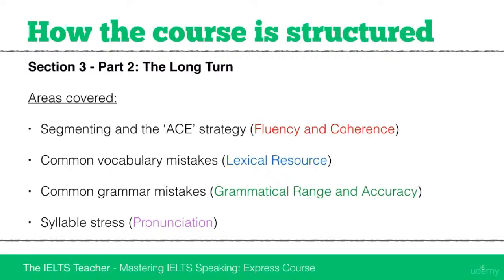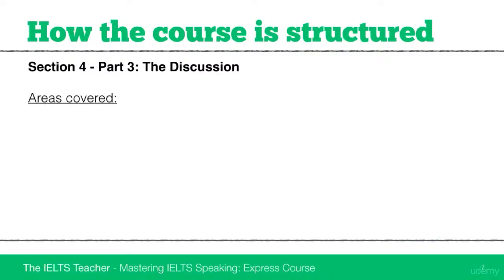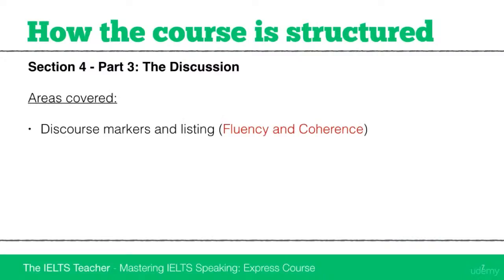Now, the final part of the speaking exam is part 3. This is called the discussion stage, and we'll look at this in section 4. The areas that we're going to cover are, first of all, discourse markers and listing, and this will have a big impact on your fluency.